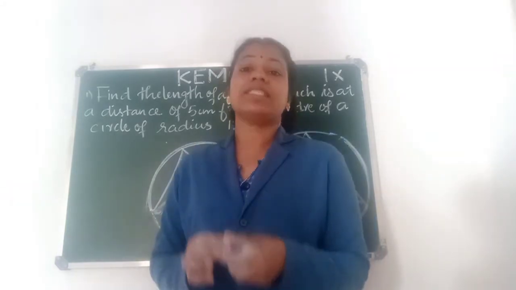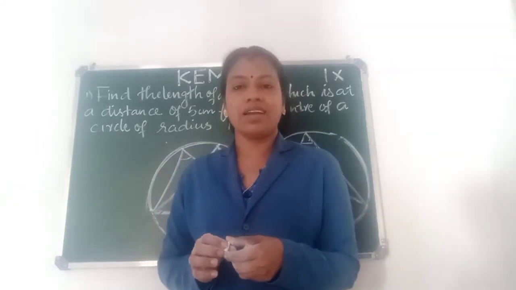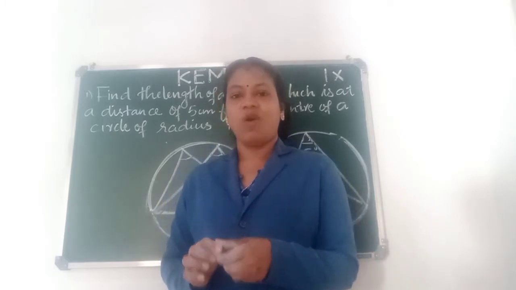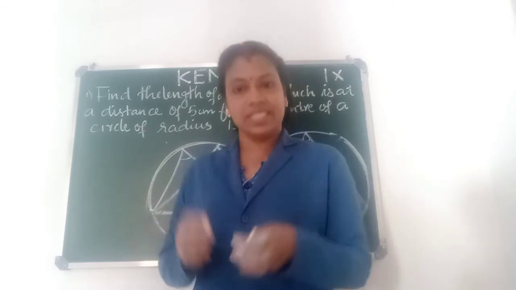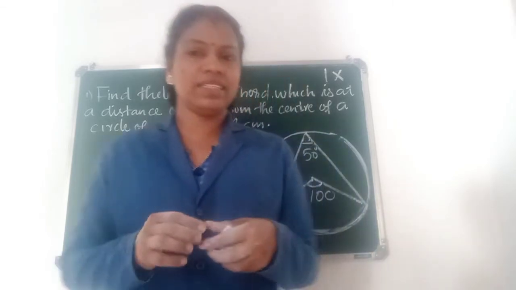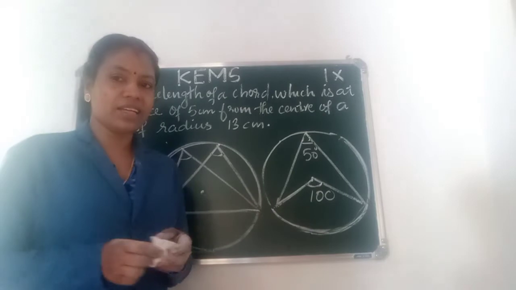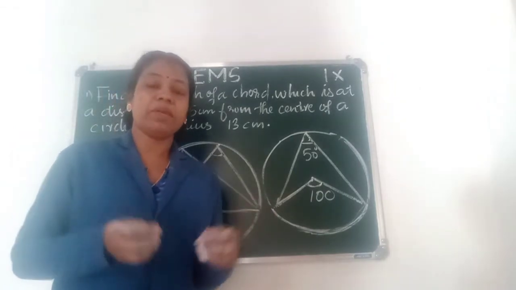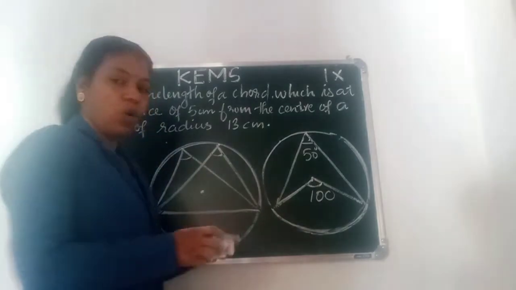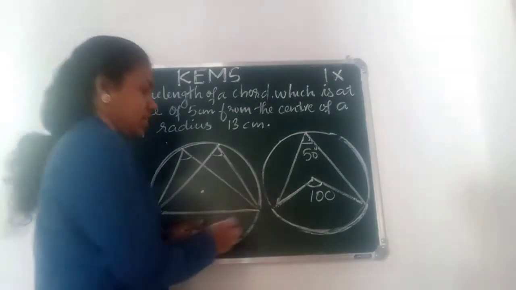Now, the last one. Angles in a semicircle are right angles. All angles in a semicircle are right angles. What is a semicircle? A semicircle means the chord passing through the center of the circle.